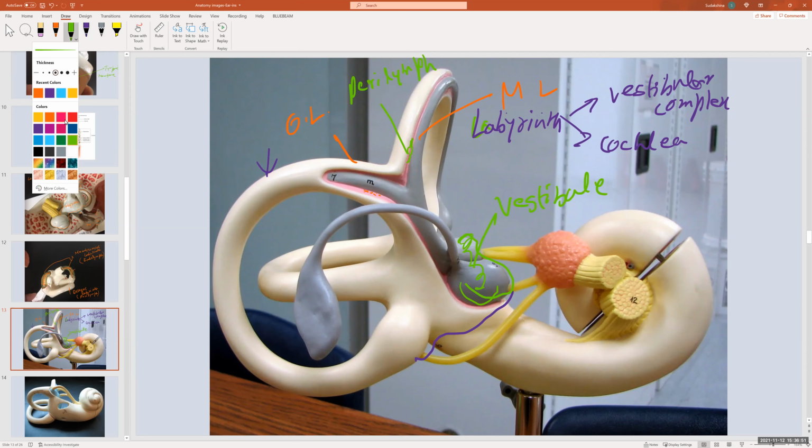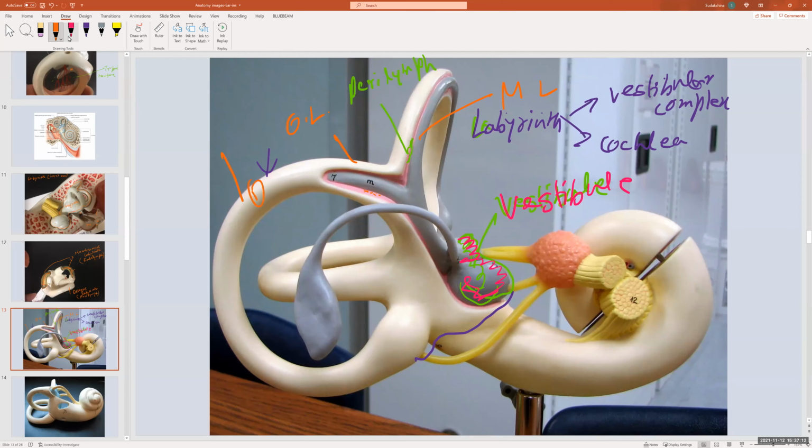And what do we call these structures? Semicircular canals. Three of them. 1, 2, 3. These are semicircular canals.